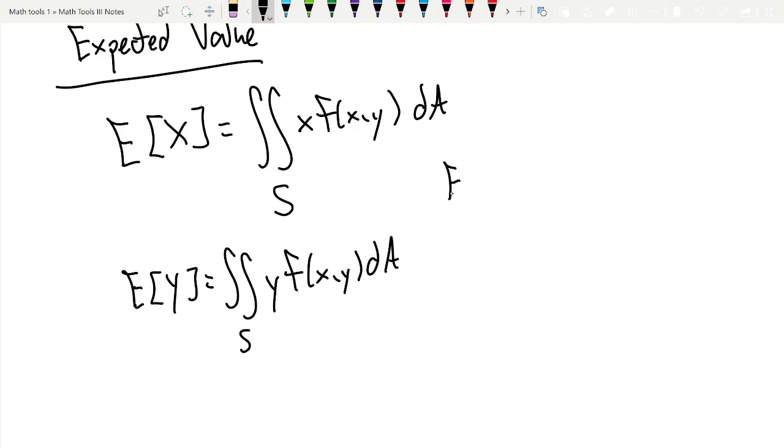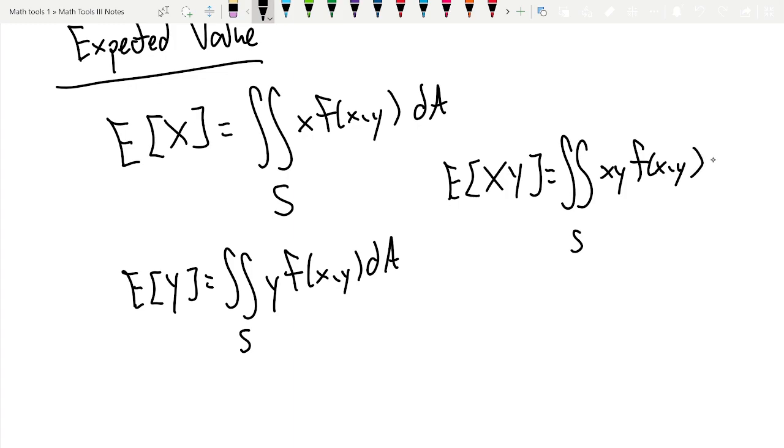So you could also have the expected value of x times y, and you get the integral over S of x times y f(x,y).